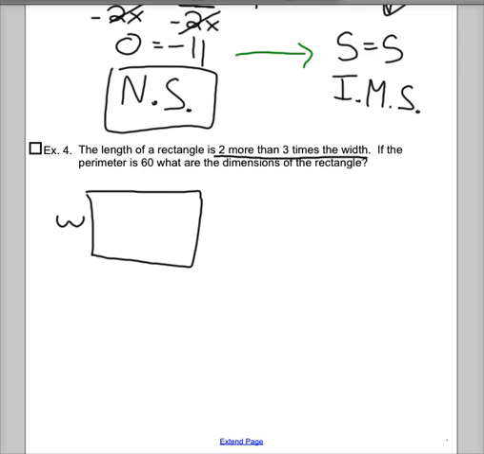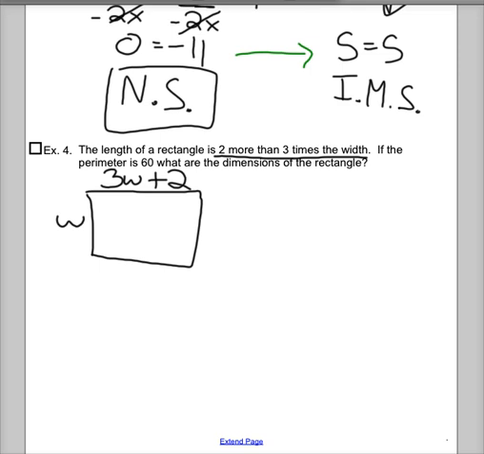Well, that means we're going to start with the width. 3 times the width, 3 times W. We want 2 more than that, so we're going to be adding 2. Whenever you see something like that, it's easier to sketch a little picture for yourself, because then it's easier to see how I can translate those words into my algebraic expression.